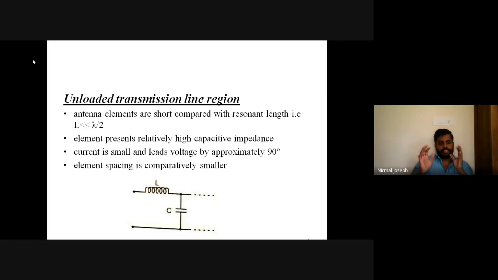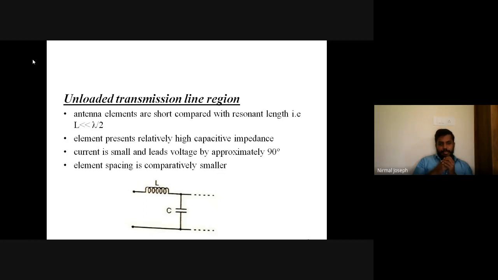Since this L is much shorter than lambda by 2, the elements are located very closely, somewhat closely packed, so it has a capacitive impedance.